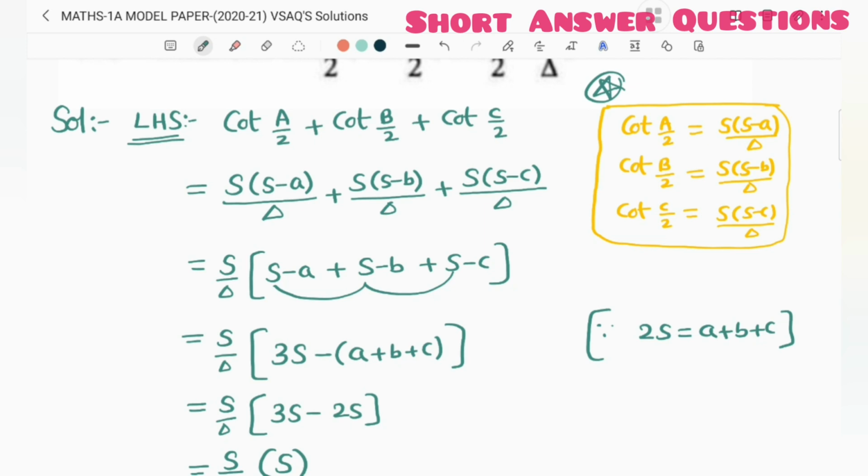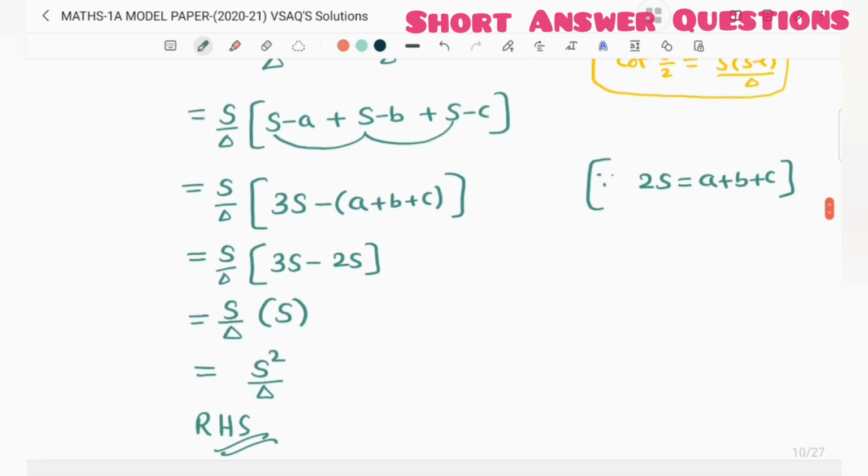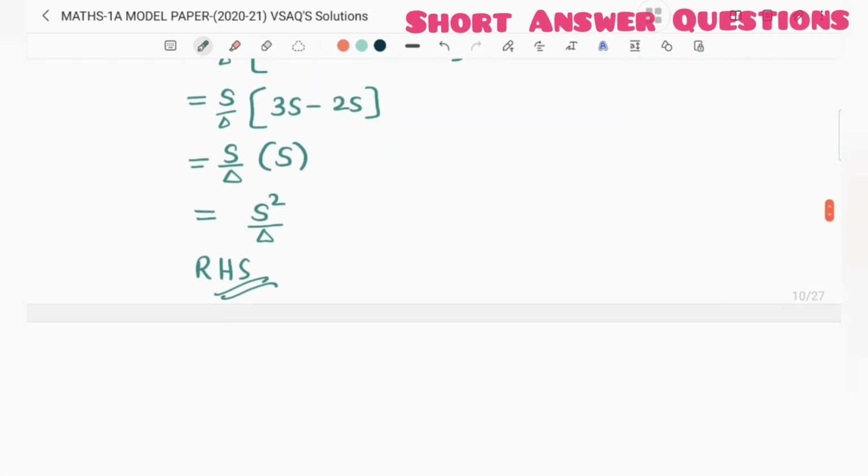That is equal to S by delta, taking common from three terms, S minus A plus S minus B plus S minus C. So now S by delta into 3S minus, taking common from these three terms, minus of A plus B plus C. A plus B plus C we have from the standard result 2S. 3S minus 2S is S. S into S is S square by delta. Hence RHS. We will move to the next question.